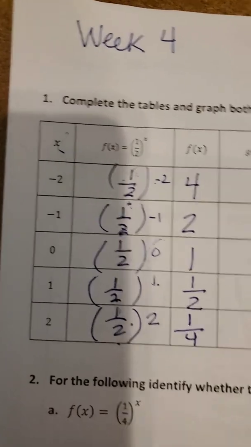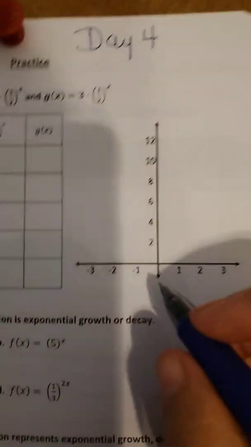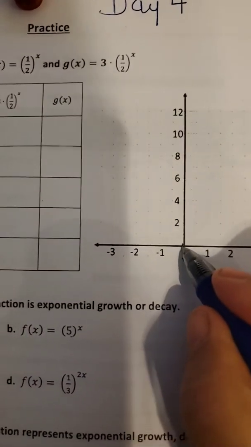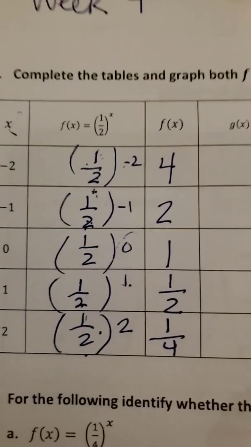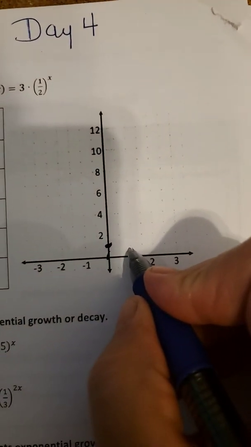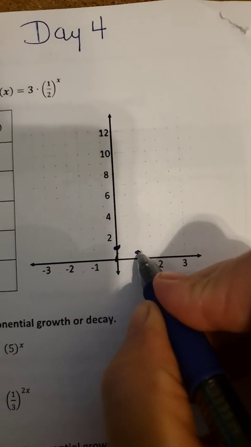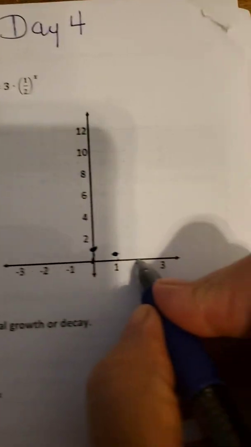So you come over here to this graph. Let's say we start at 0 here. 0 is going to be 1, and then 1 is going to be 1/2, and then 2 is 1/4.